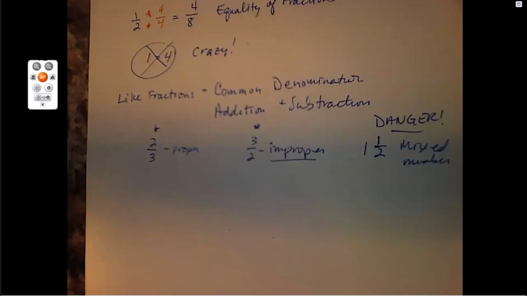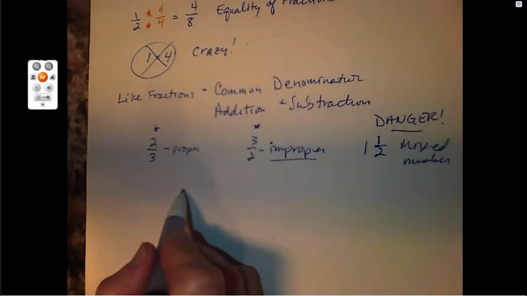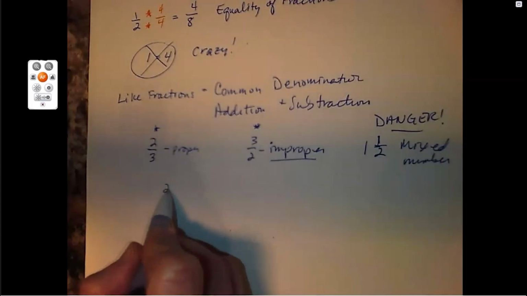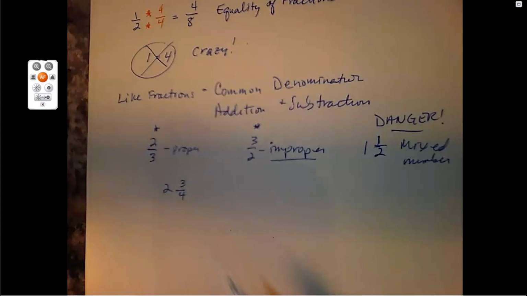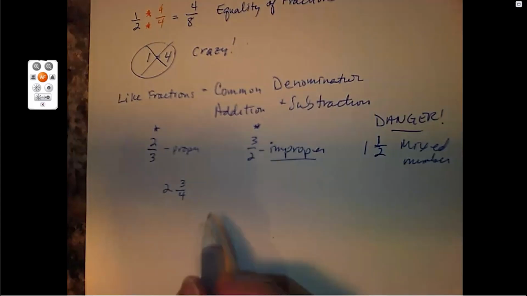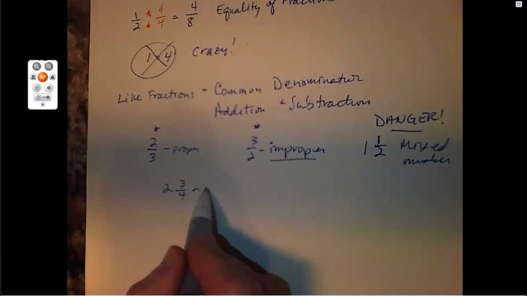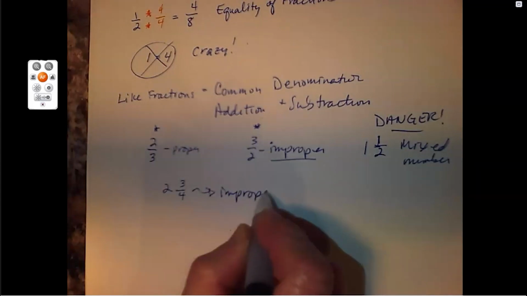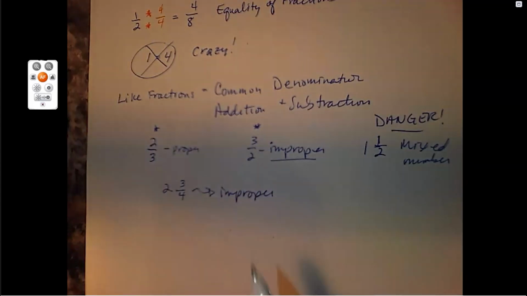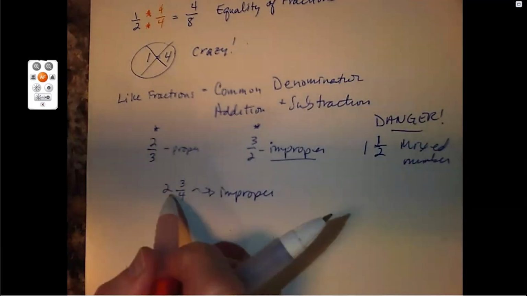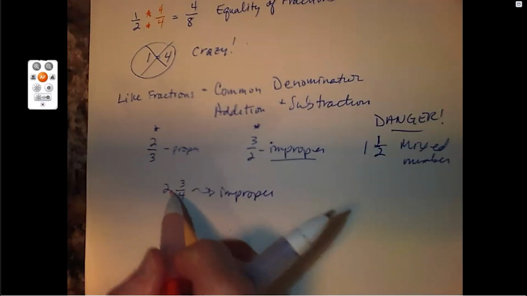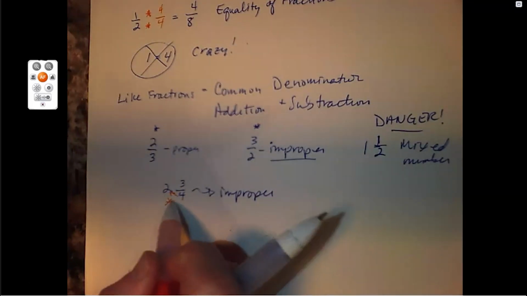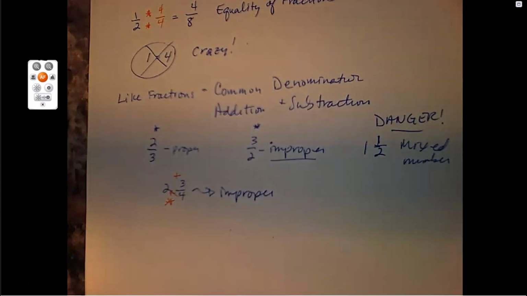What does that mean? That means that we have to change a mixed number. Let's make it a little more exciting. Let's say it is 2 3/4. We have to change the mixed number sometimes to an improper fraction. And to do that, we have to take the denominator times the whole number, and we have to add the numerator.